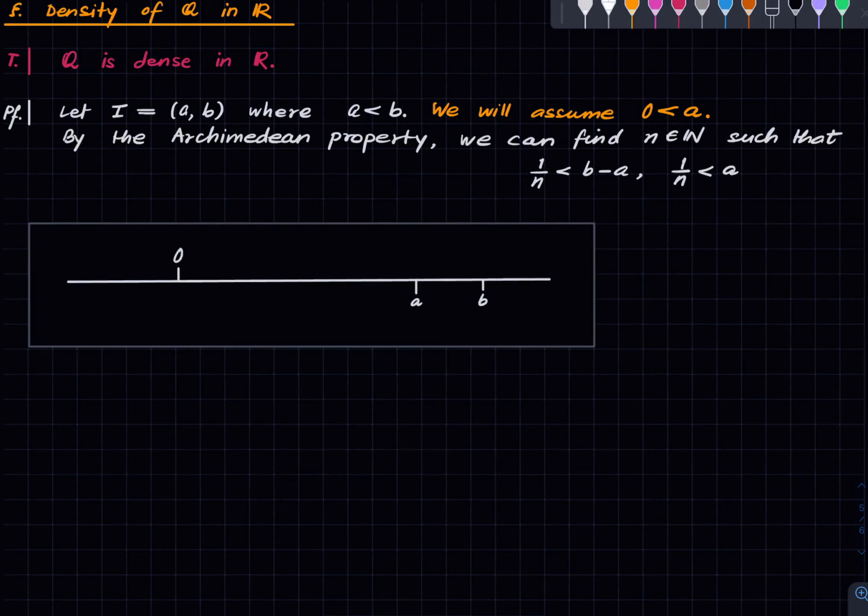So now, once we have chosen that n, let me mark it here. So this is 1 by n. And now the proof basically will go as follows. You keep walking up until the point you are just before the starting of the pit. This is the pit. So you are just before the starting of the pit. What does that mean? It means that in the next jump you will cross the starting of the pit.